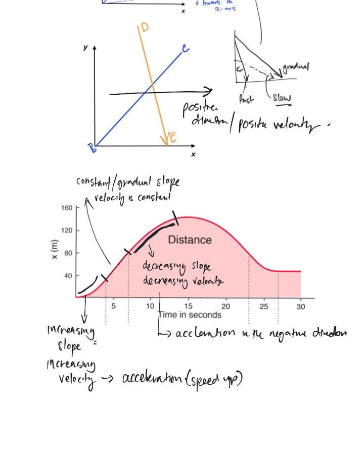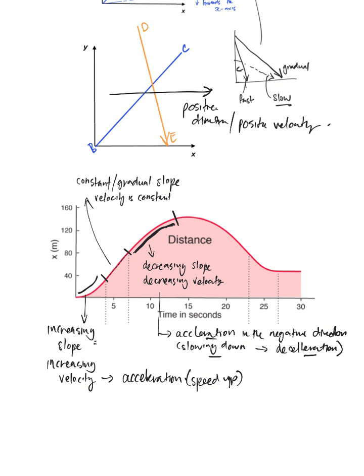In other words, I am slowing down. All right. And if I'm slowing down, it means I've got deceleration. So either you can say it's acceleration in the negative direction, or you can say it's deceleration, but it means the same thing. You're slowing down.